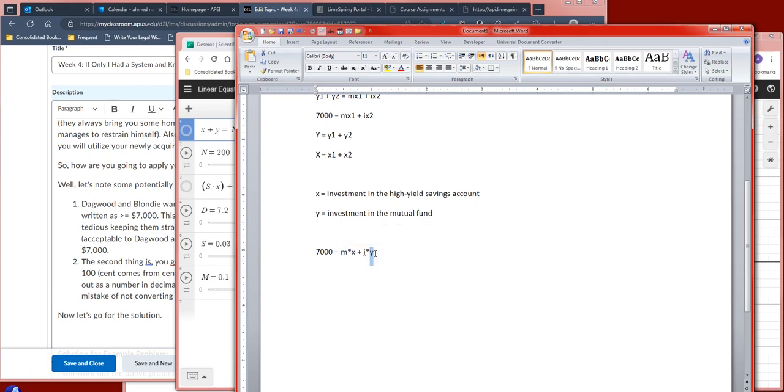Y is the investment in the mutual fund, and I times Y, the interest rate on the mutual fund multiplied by the amount invested in the mutual fund, gives you the return on the mutual fund. The two returns together give you the total return that Blondie and Dagwood want, which is $7,000. Okay?